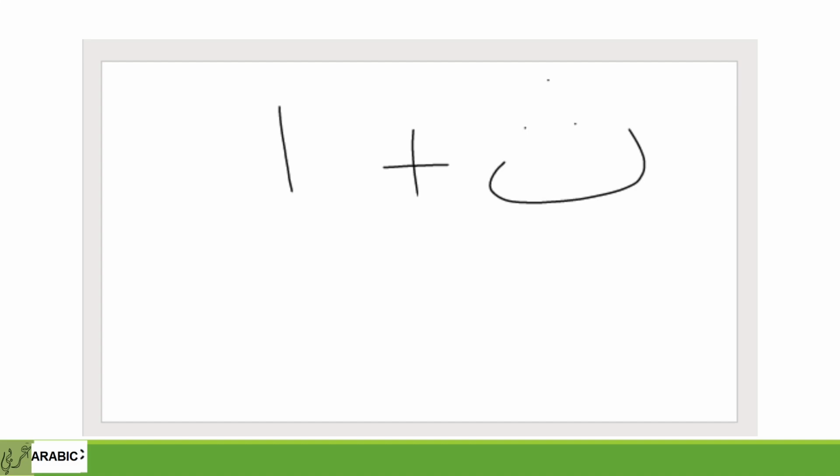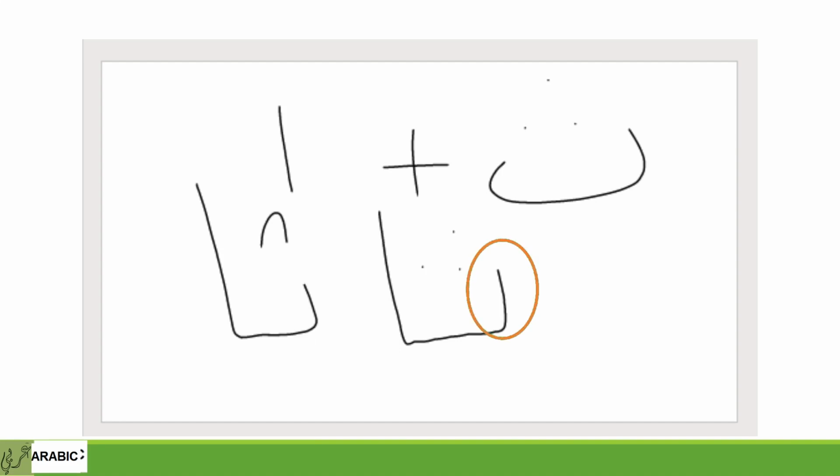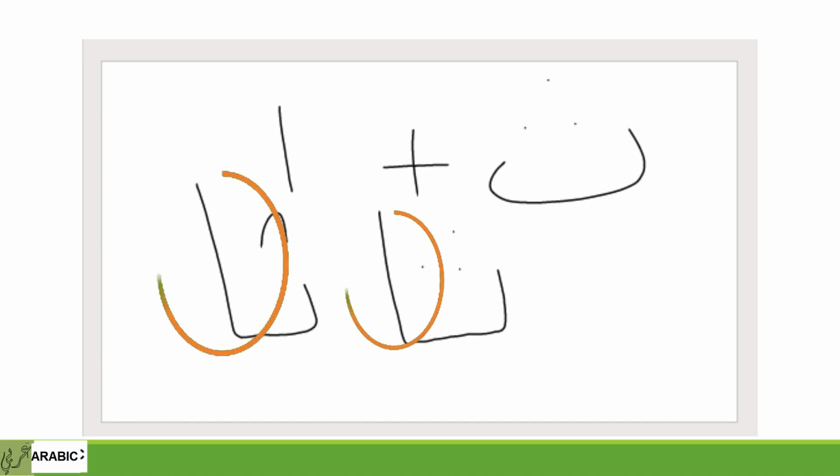Okay, so let's see. Th. So here, th, we just write the first side, I mean the short side of the th, followed by the longer horizontal line, and then the next letter comes in contact with the th.